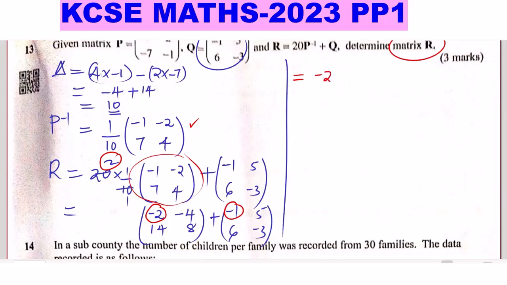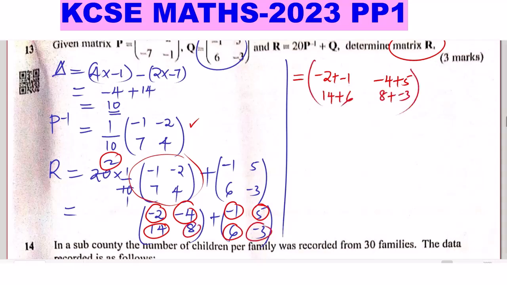So -2 plus -1. Then for this one, -4 plus 5. Then 14 plus 6. And then 8 plus -3 is how we go about it. So this will give -3, 1, 20, 5. And that is the matrix R.